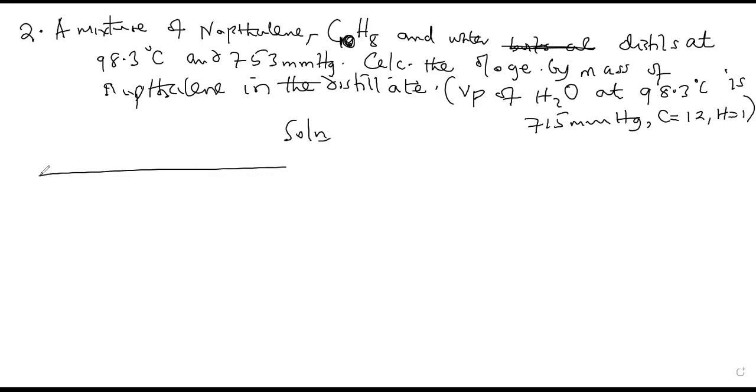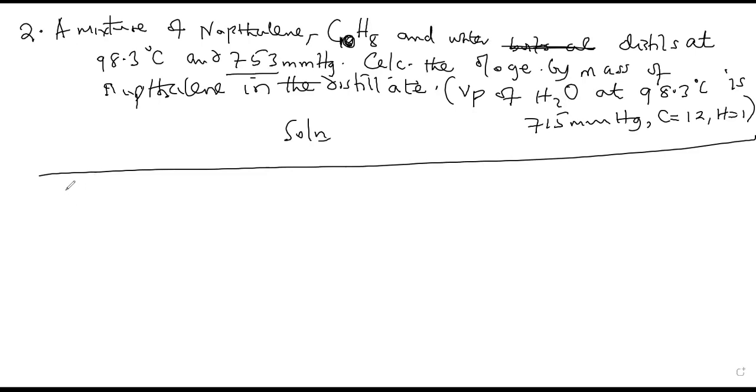Now, for this case, they have said that a mixture of naphthalene and water distills, meaning they first form an immiscible mixture, then they distill at 98.3 and a pressure of 753. So the mixture distills at this temperature and at this pressure. Now they want us to calculate the percentage by mass of naphthalene.